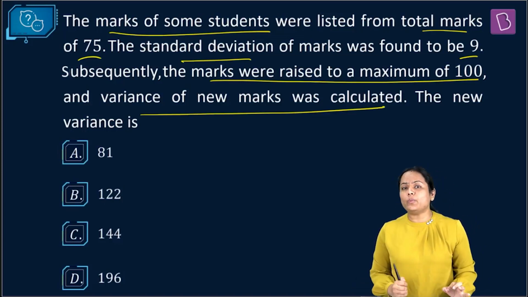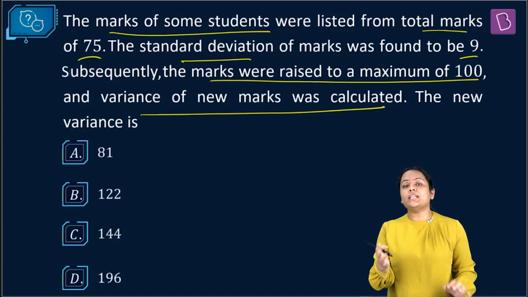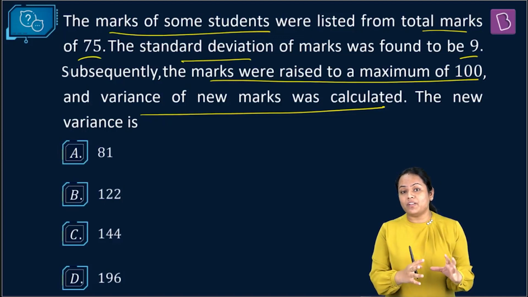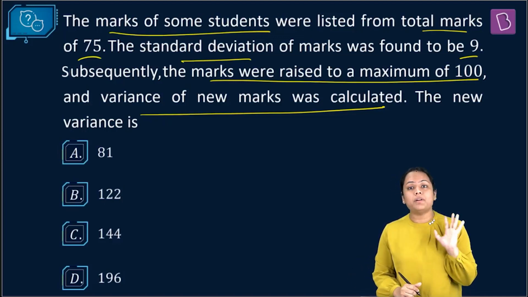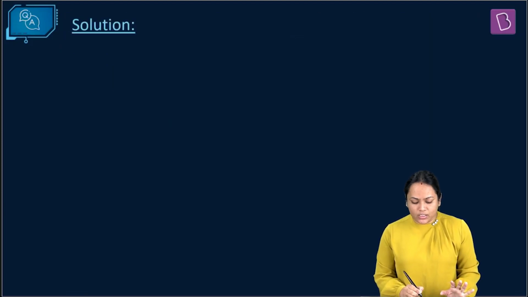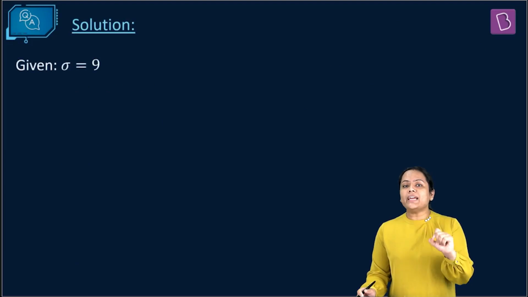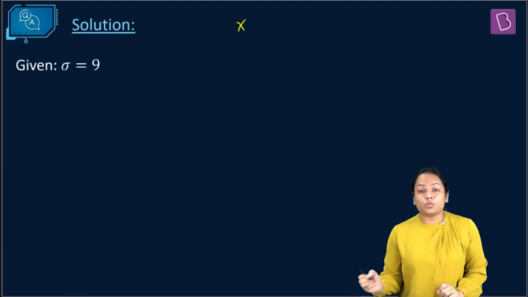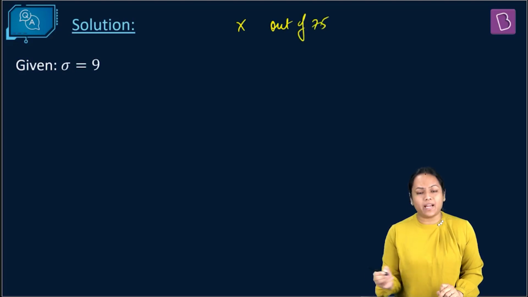To find the variance, I don't have any information about my data, but I know that initially the marks were calculated from 75. Now the scale has been changed and they are calculated from 100. My initial standard deviation was 9, right? Let's say the marks were X when taken out of 75.